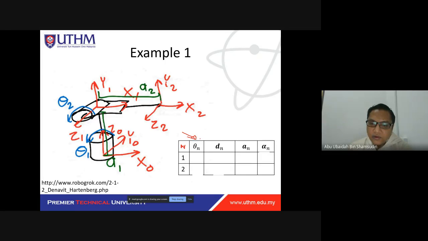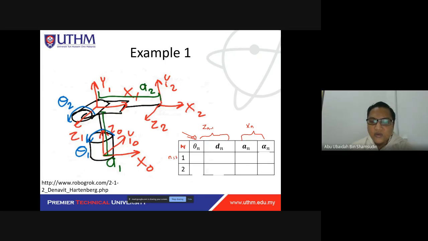If you remember, this one is rotation on the z(n-1) and move along zn. These two are move along xn and rotation on the x(n-1) axis. Let's see. We start with n equals 1.